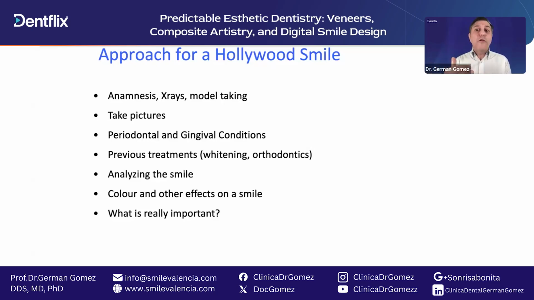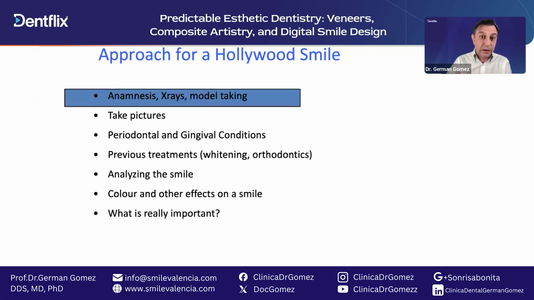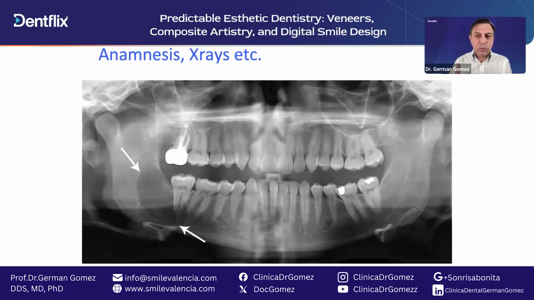So what information do we have to make a nice digital smile design? Well, we have to make an analysis: x-rays, model taking, which is nowadays a scanning. In the x-rays, we already see how everything is from inside. If we see things like these, that's of course something that has to be addressed before we do any smile design on this patient.